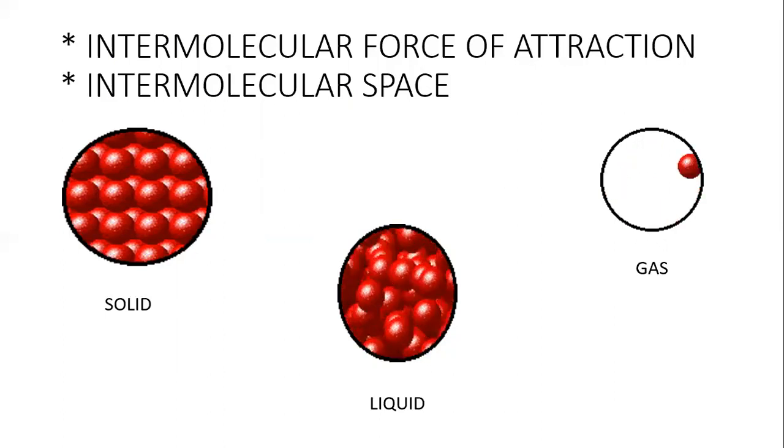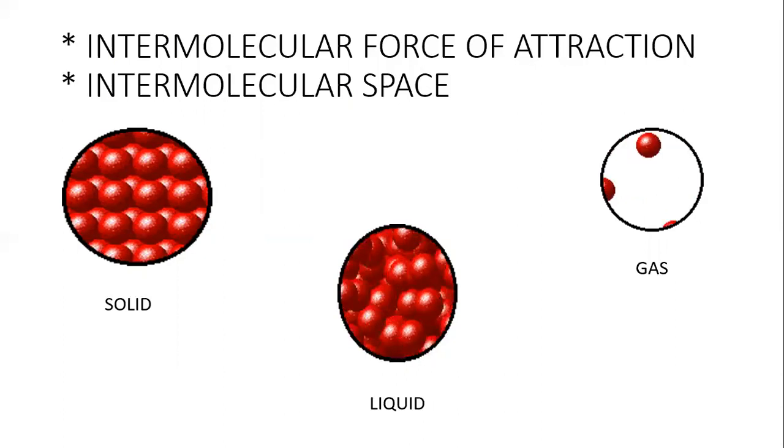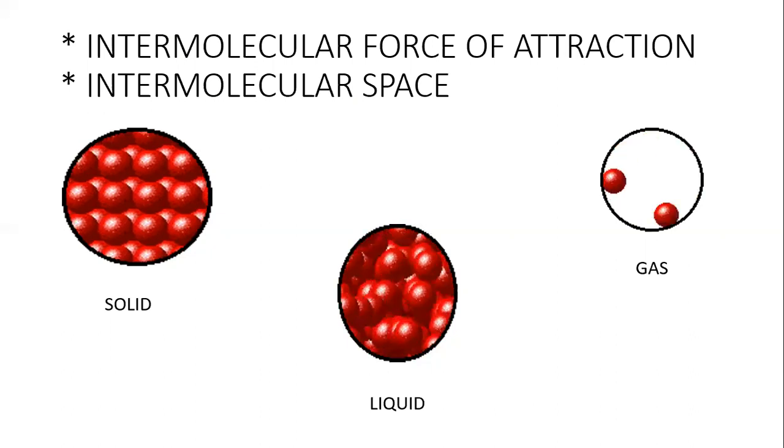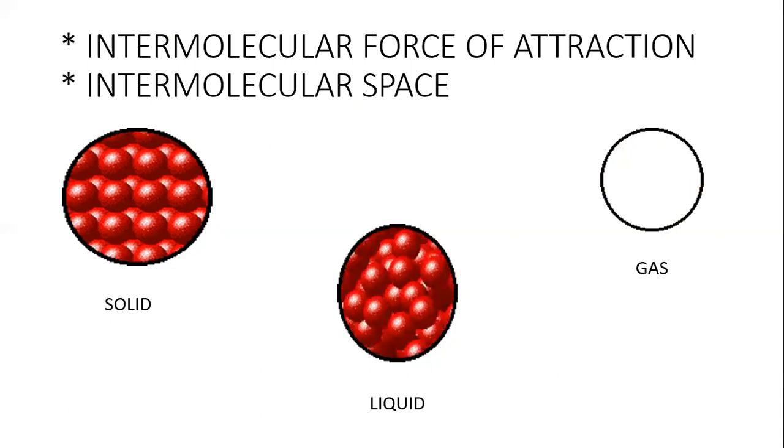The intermolecular force of attraction in liquids is strong enough to hold the particles together, but not strong enough to hold the particles in a fixed position. And in gases, the intermolecular force of attraction is very minimum.